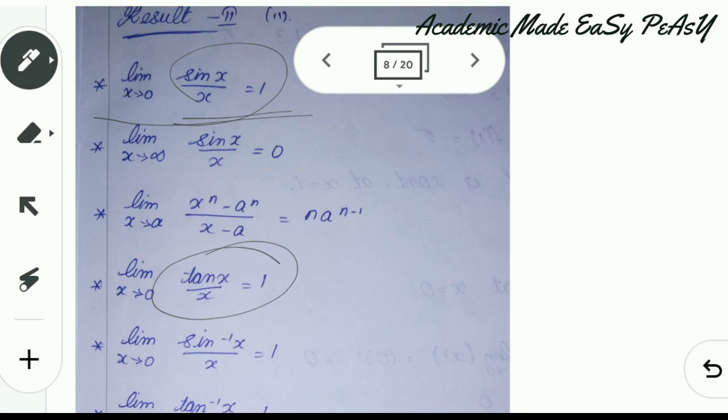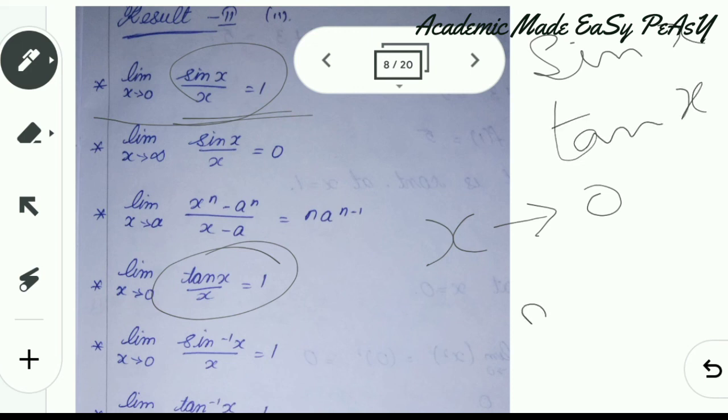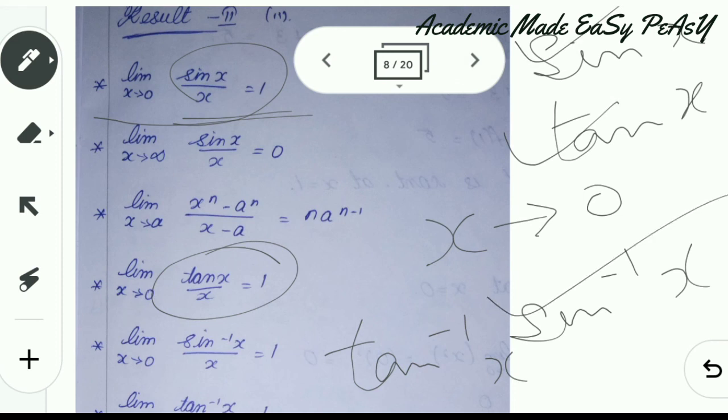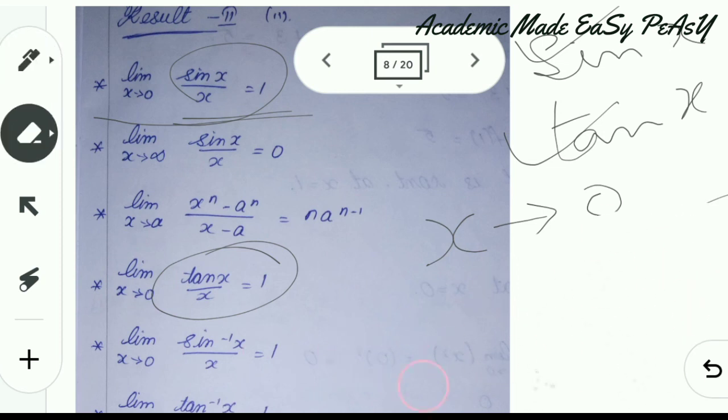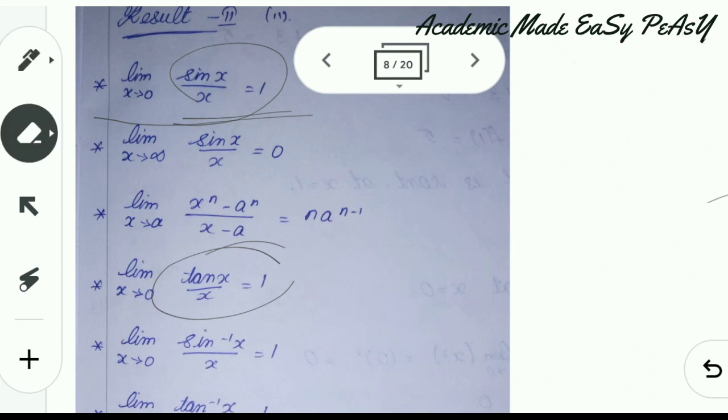So when limit x is tending to 0, for sin x, tan x, sin inverse x, and even for tan inverse x, for all these four functions, the value will become 1. Everything is continuous only, okay.